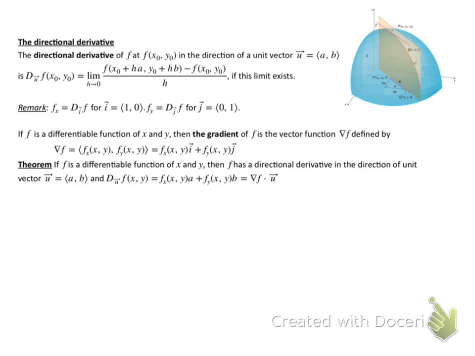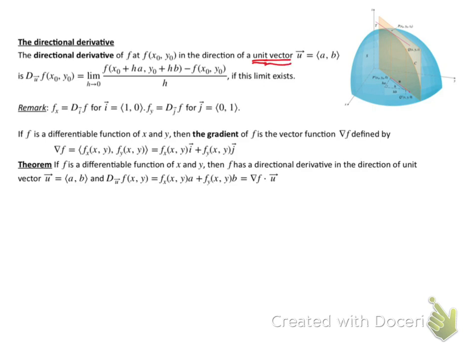The last topic in this lecture, let's just do it. The directional derivative. The directional derivative is, in this particular direction, how fast is f changing. So for the directional derivative, you need to have a direction, which you want to be a unit vector. Very important, you want it to be a unit vector.